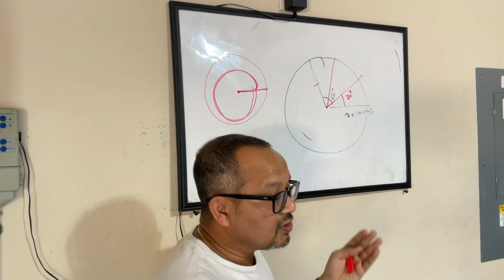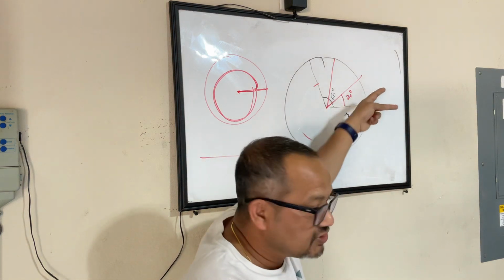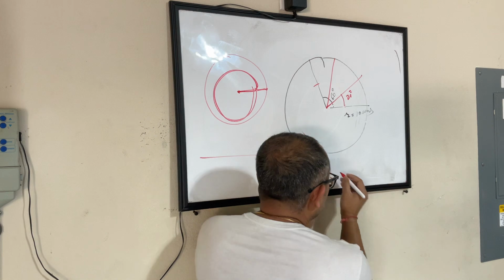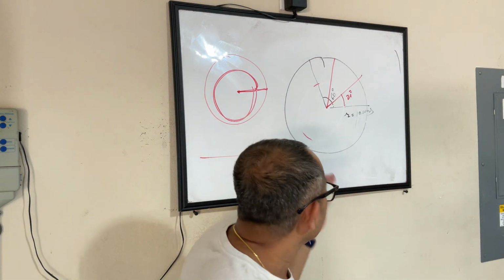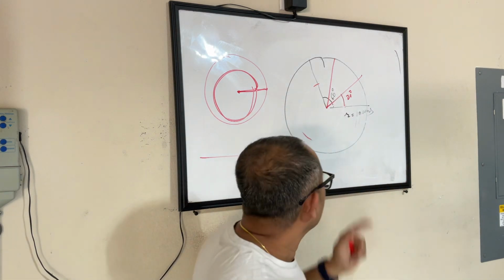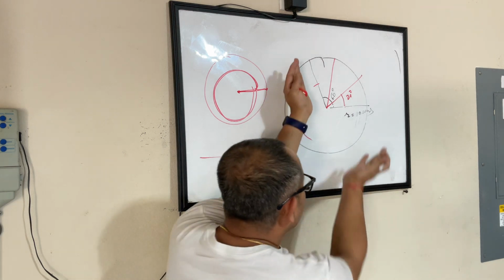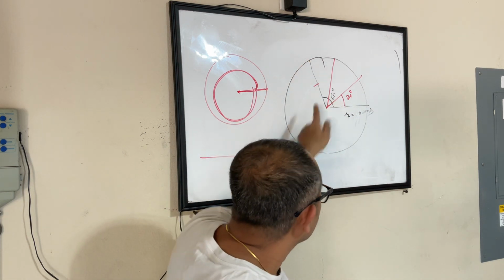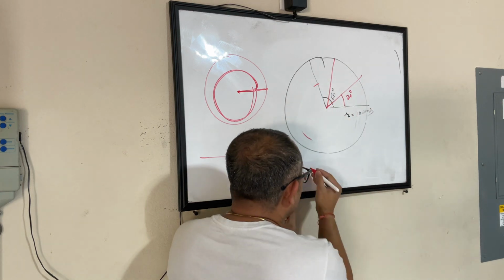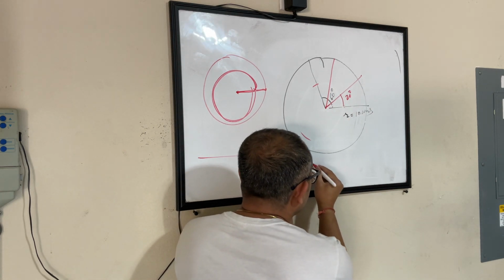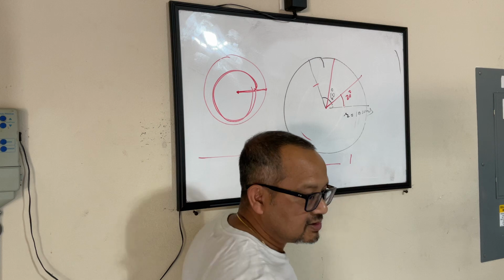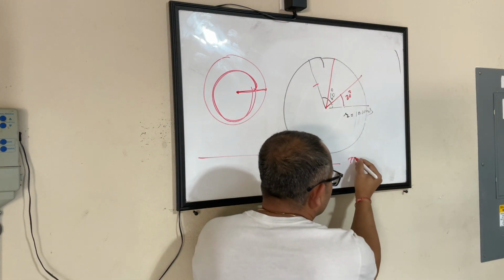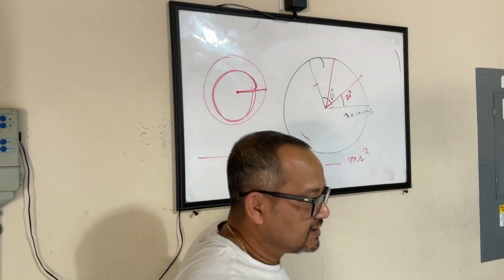How big or small, what proportion you are picking up, is a function of the total. If I have to get the entire pizza, I have to get 360 degrees. What I got here is 60 degrees, so I'm talking about a piece of the pizza taken out which makes 60 degrees.